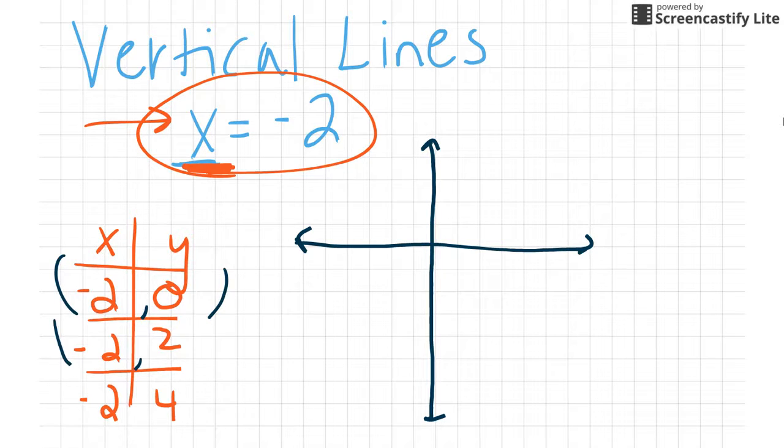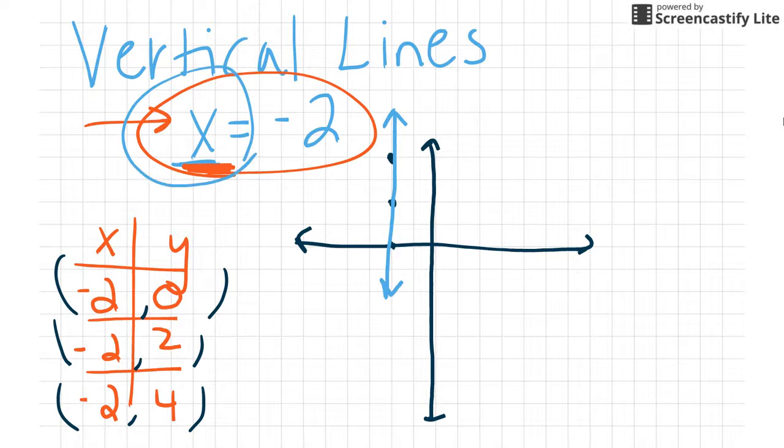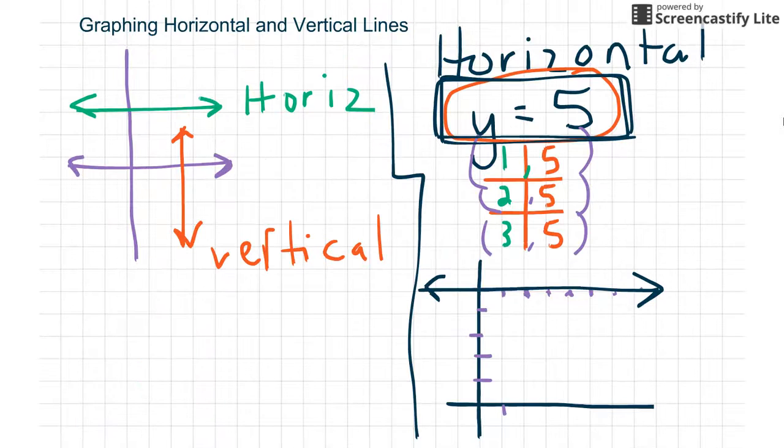So knowing that our chart becomes our ordered pairs, I'm going to graph -2, 0, -2, 2, and -2, 4. So when I graph, you can see what forms is a vertical line. So vertical lines, anytime x equals, and horizontal lines is anytime you have y equals.